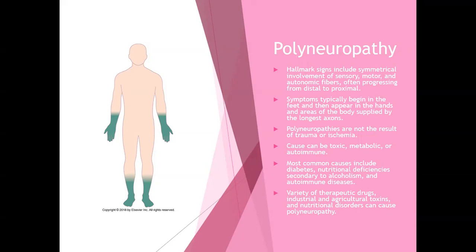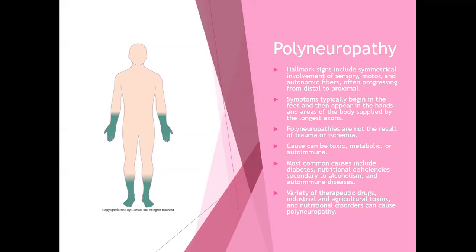There are lots of different medications, industrial chemicals, agricultural chemicals, and nutritional disorders that can cause polyneuropathy. You're more likely to see people in the clinic with diabetic polyneuropathy and Guillain-Barré syndrome, which is an autoimmune disorder.